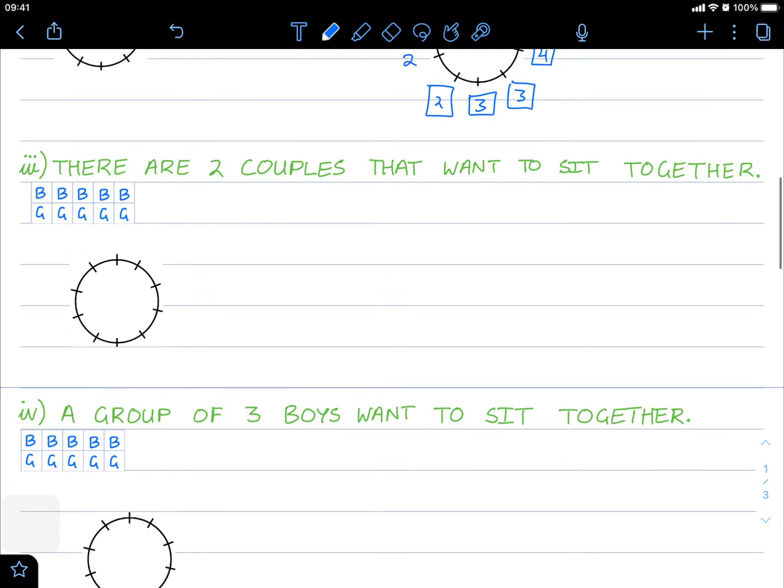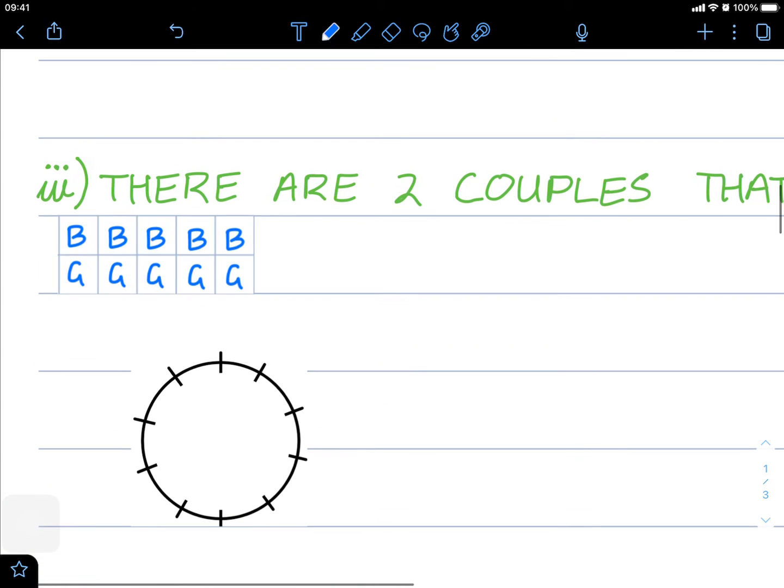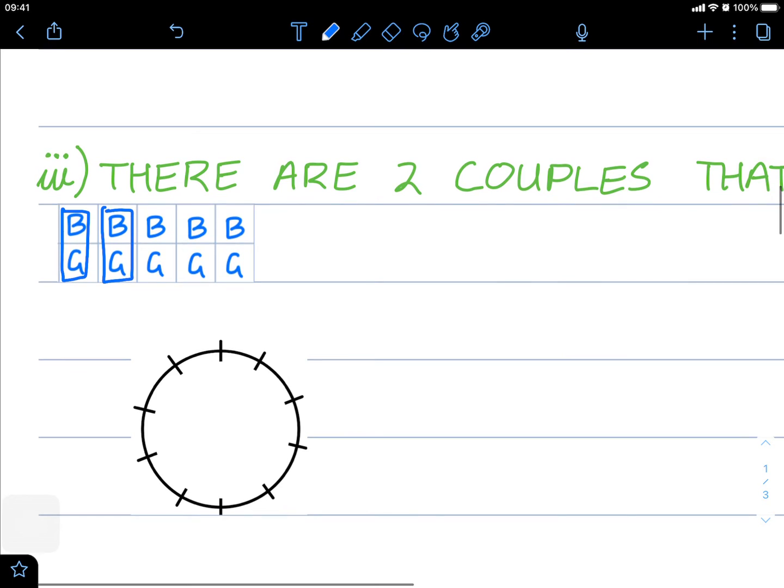So let's go into slightly more difficult problems here. There are 2 couples that want to sit together. So let's simulate this, and let's say that these two are the couples. Now let's think about this. If there is a couple, we're going to group them together.